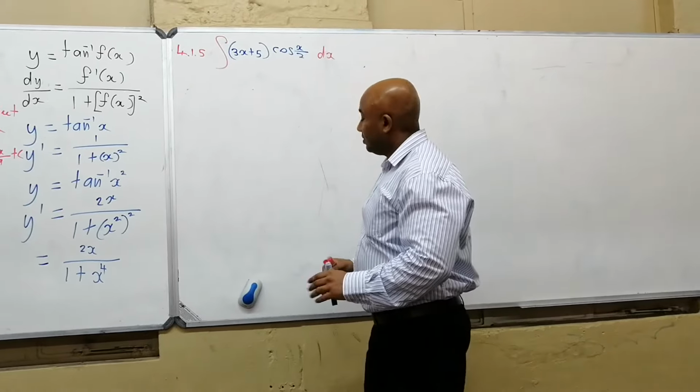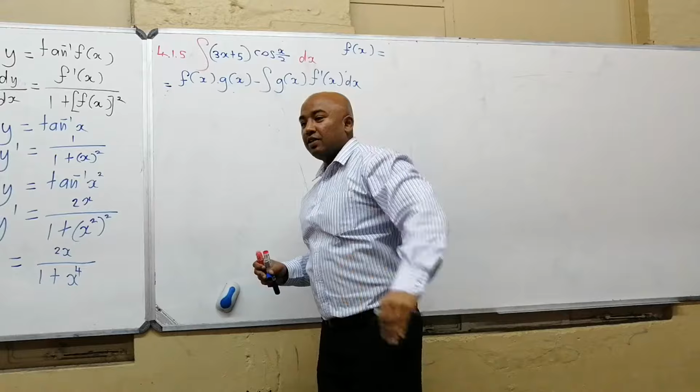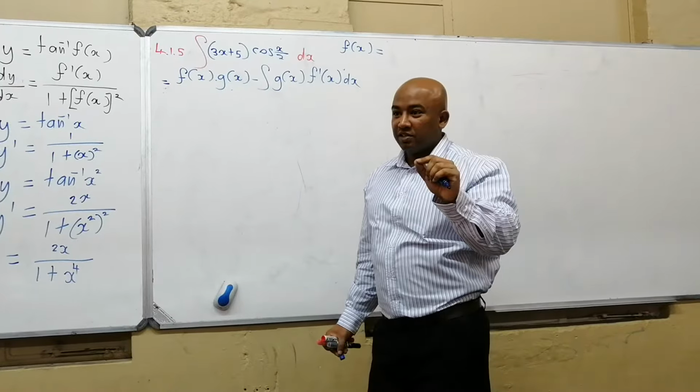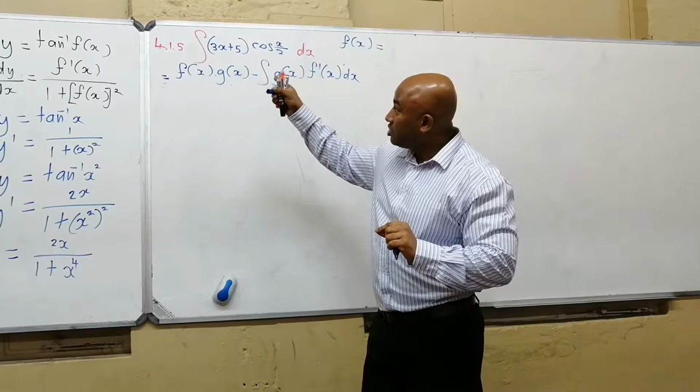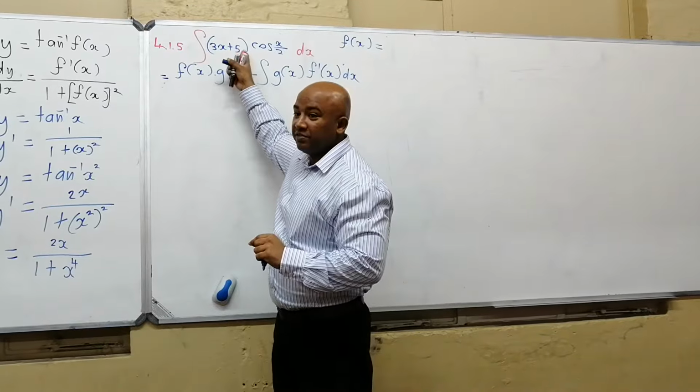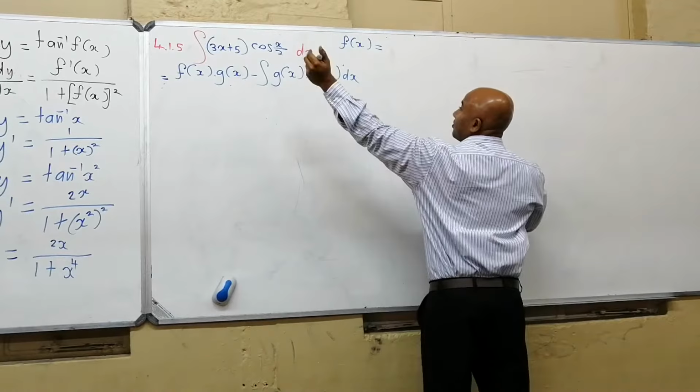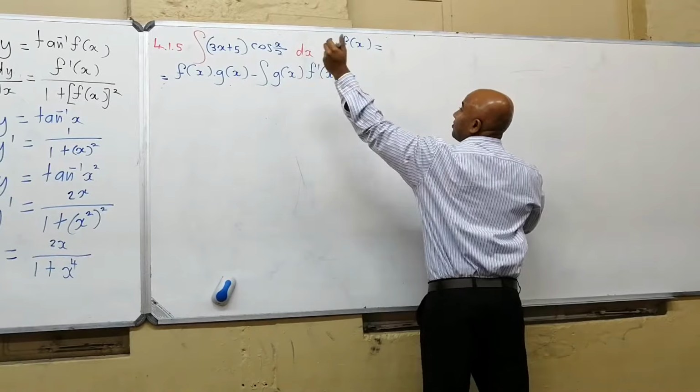From your priority list, number 1 is inverse, number 2 is logs, number 3 is algebra, and we do have it here. You see that? So f of x has to be 3x plus 5. So therefore, g prime x is going to equal cos of half x.